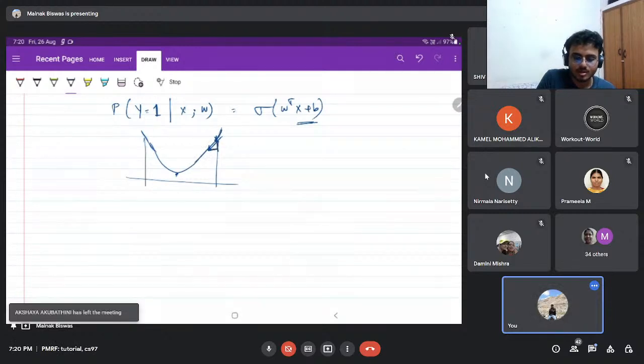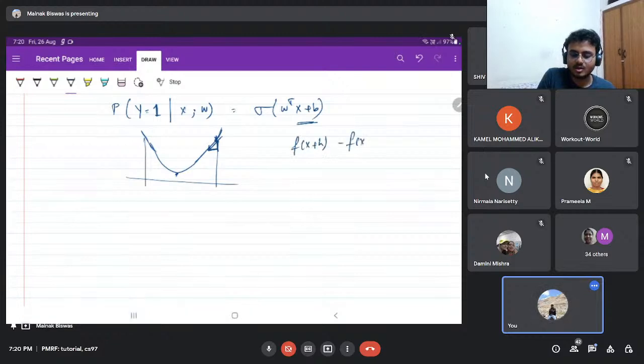By your definition of gradient, the derivative is the limit as h tends to 0, defined as f dash of x.